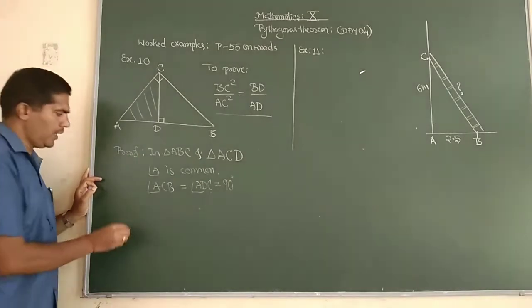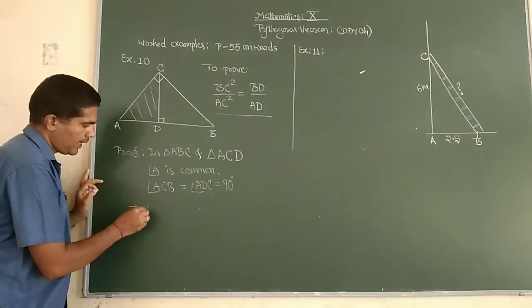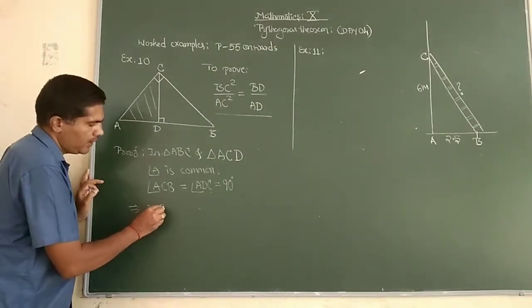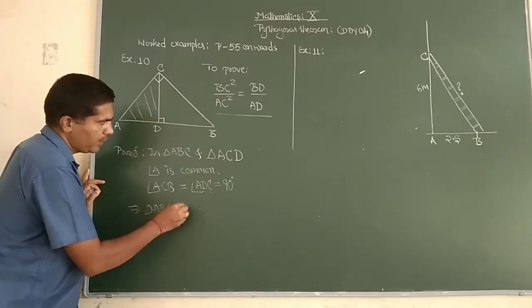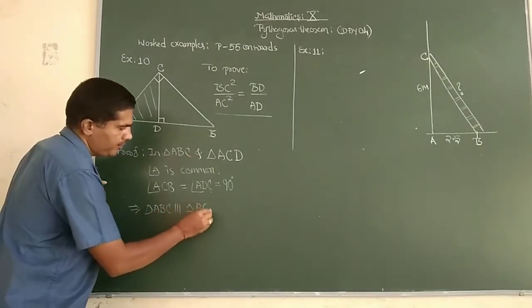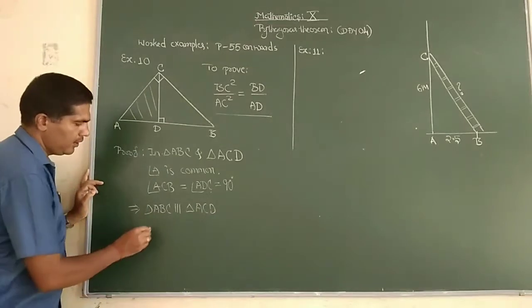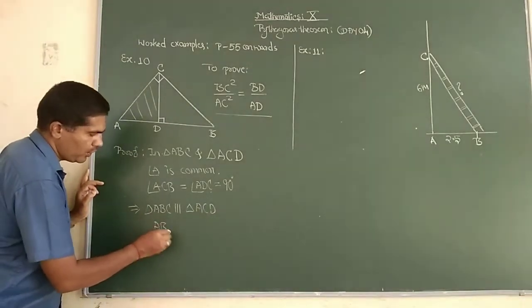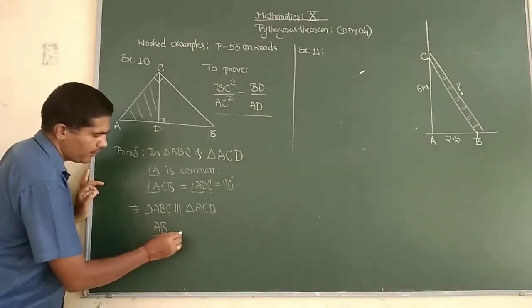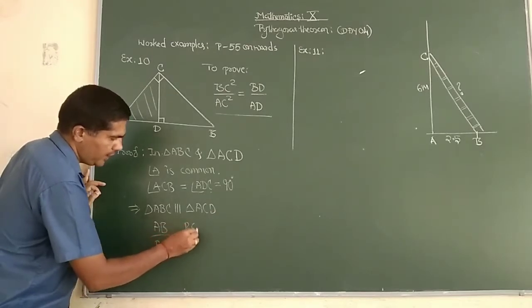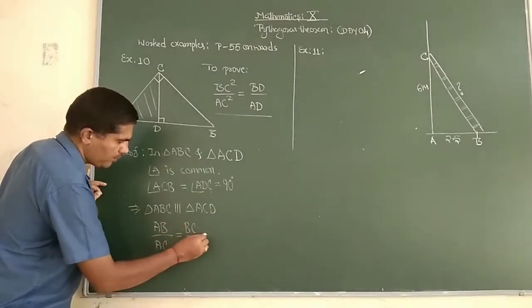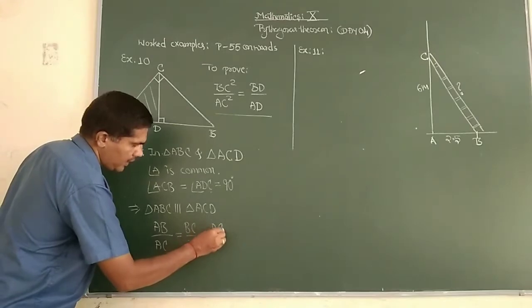From this we can say triangle ABC is similar to triangle ACD and you can write the side ratios AB by AC equal to BC by CD equal to AC by AD.